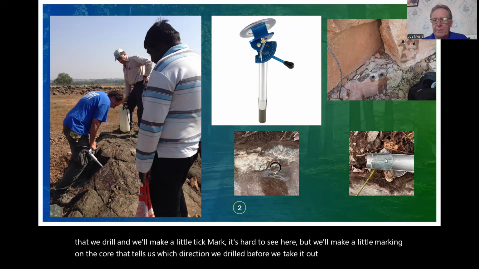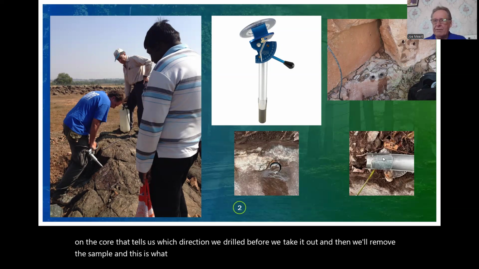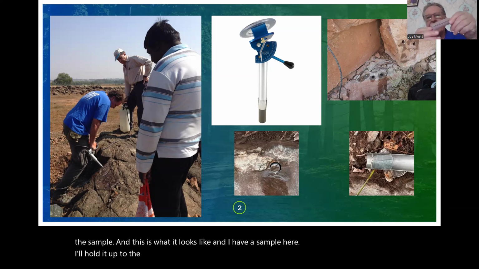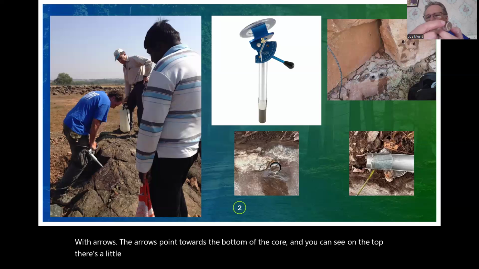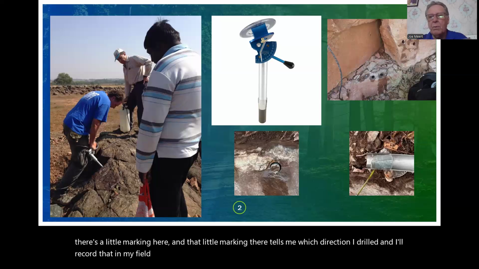And then we'll remove the sample, and this is what it looks like. I have a sample here. I'll hold it up to the camera so you can see that I've marked it with arrows. The arrows point towards the bottom of the core, and on the top, there's a little marking that tells me which direction I drilled. I'll record that in my field book along with the sample number, which is written here.